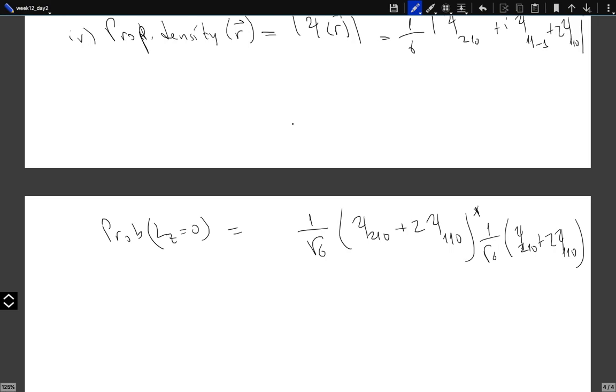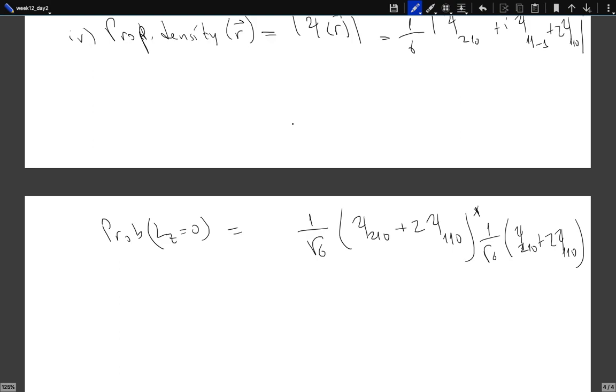So this is the wave, as you said, a superposition. And if you take the square, you get the probability. But this is not just the probability of having Lz equal to 0. That is the probability density of having Lz equal to 0 and at the point R.